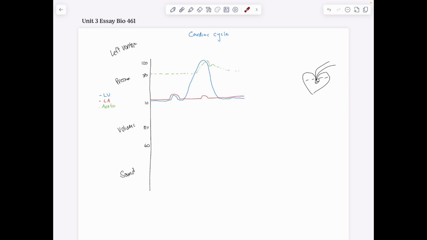And so what are the different parts of this graph? Right here at this part, we have our mitral valve opening. And then over on this side, we have our mitral valve closing.